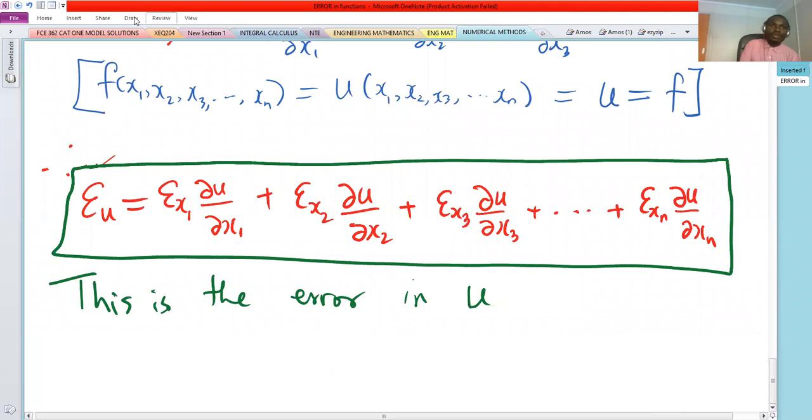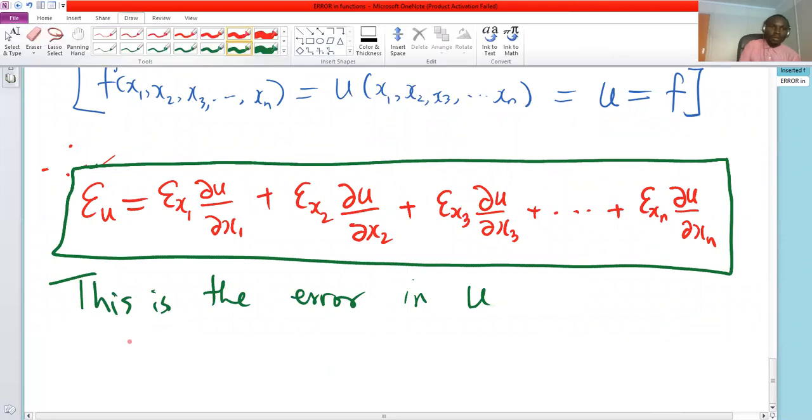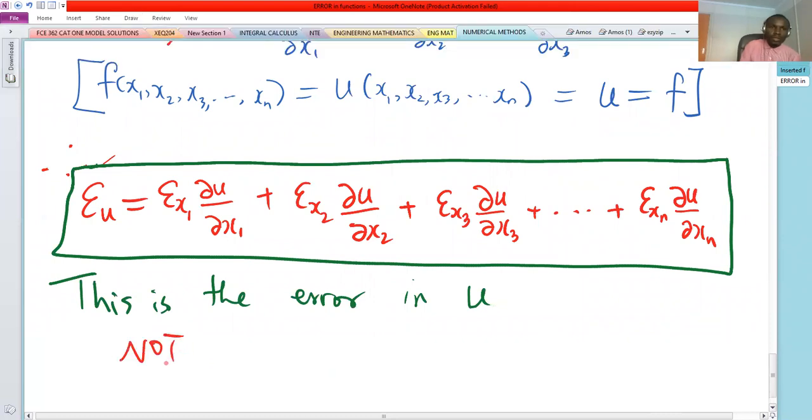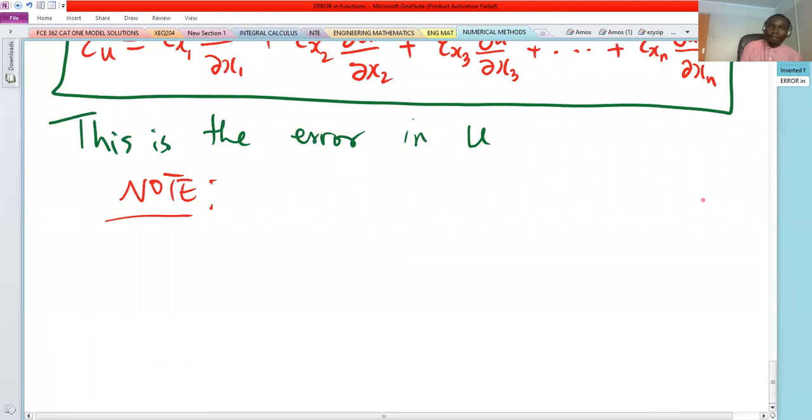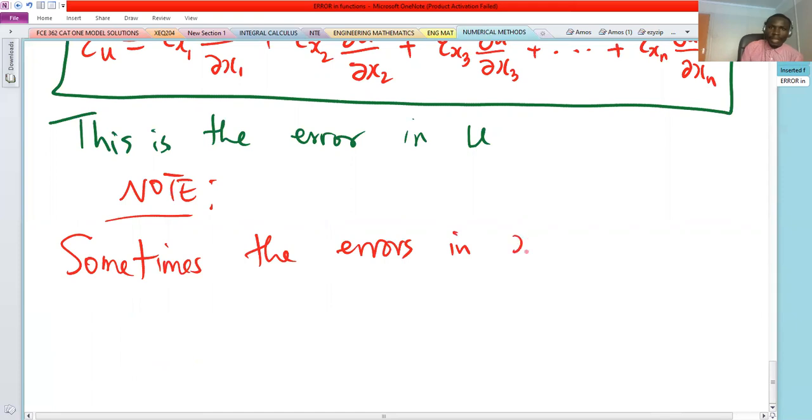One thing to note, a few things to note here, that sometimes the errors in xi's can be negative.